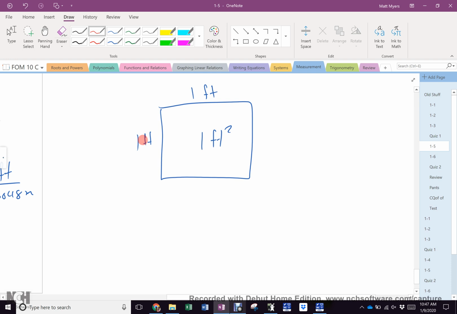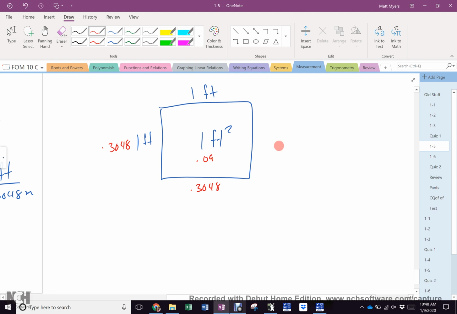How long is 1 foot in meters? 0.3048. So how long is this in meters? 0.3048. So how much is this? It's that times that, isn't it? Which is 0.09 blah, I don't remember.